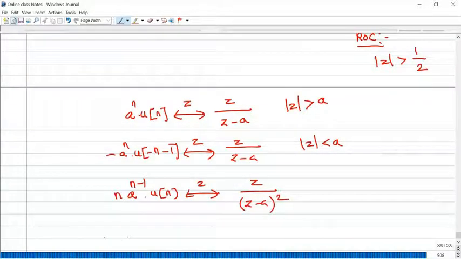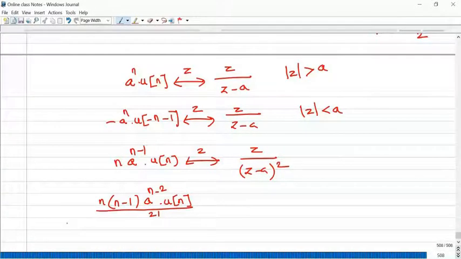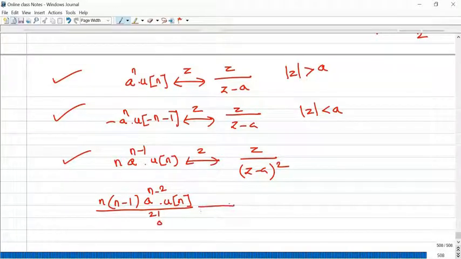Next, n into n minus 1 a power n minus 2 u of n divided by 2 factorial gives z divided by z minus a whole cube.